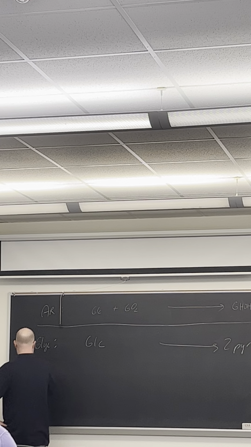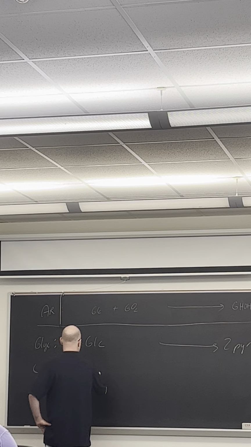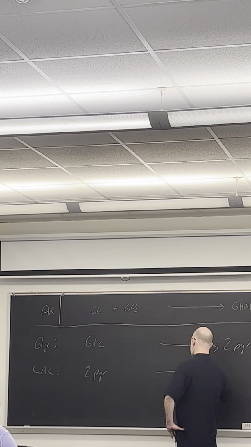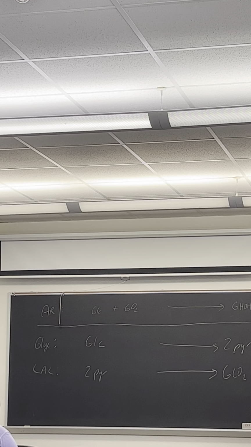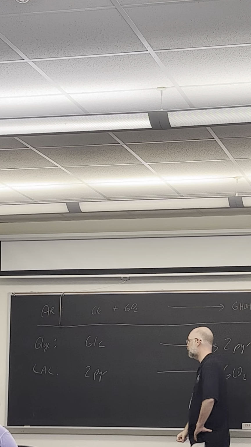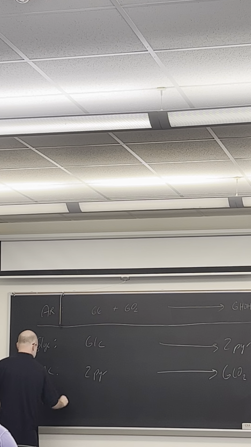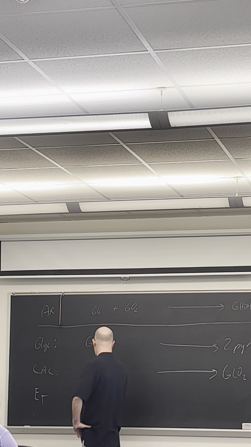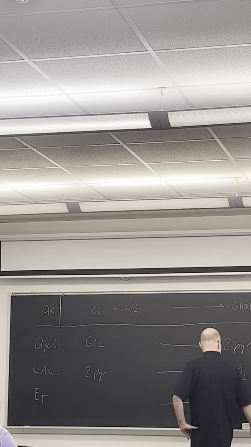We said the citric acid cycle is going to be 2-pyruvate to 6 carbon dioxide plus energy. We said electron transport is going to be this thing here, which we're missing at the moment.